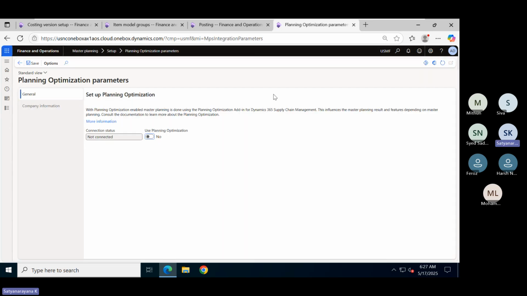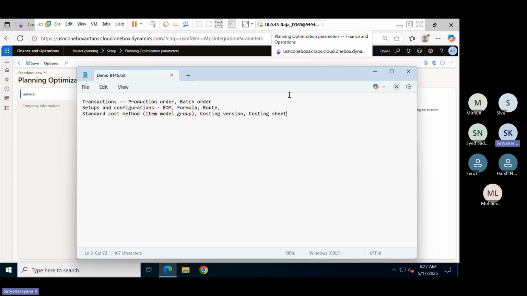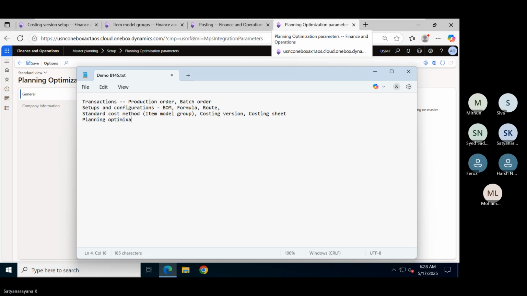This is a demo system, so I cannot show this checkbox. I cannot enable it; if I want to enable it, it requires installation, so I cannot do it in the demo system. So you are going to learn planning optimization also, planning optimization in MRP.